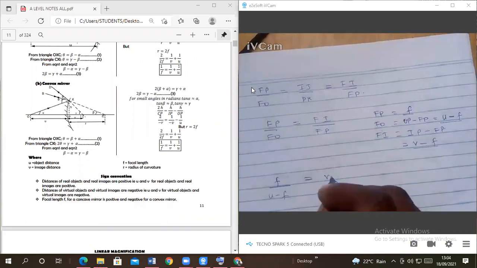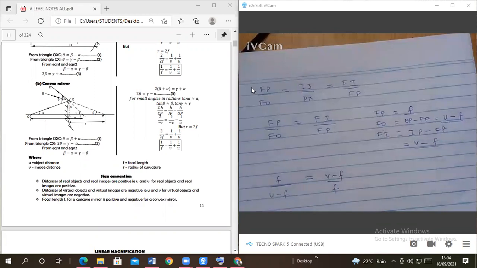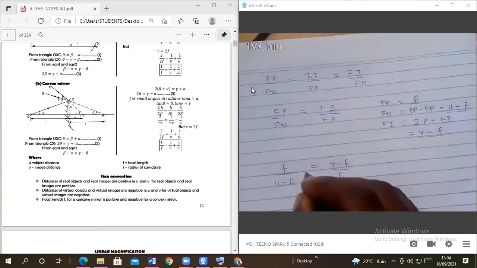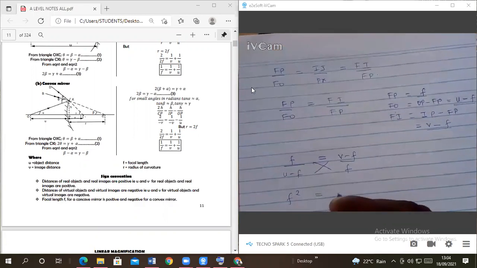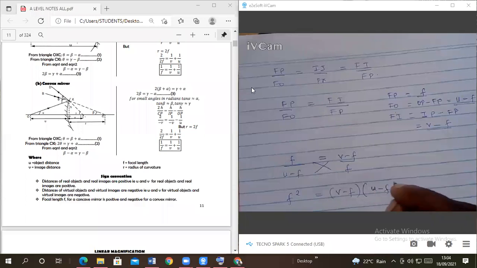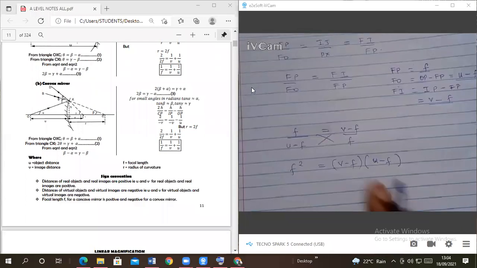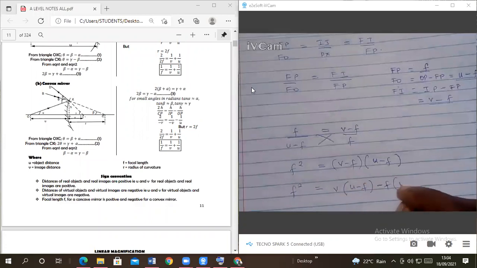Fi is V minus F over Fp, which is F. So there I'm going to cross multiply, and I'll have F squared equals V minus F into U minus F. So I'll get F squared equals V into U minus F, then minus F into U minus F.